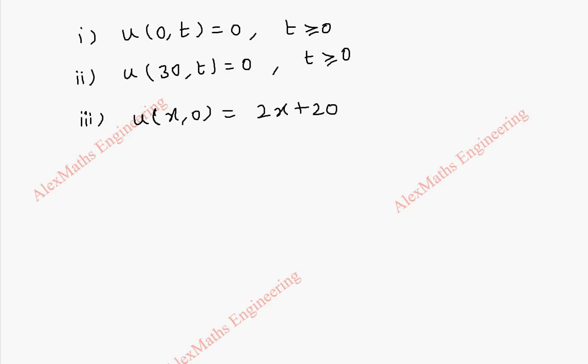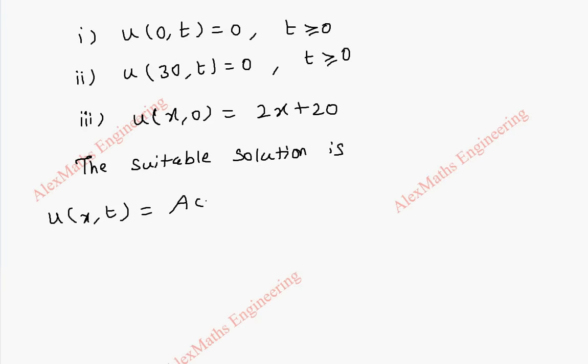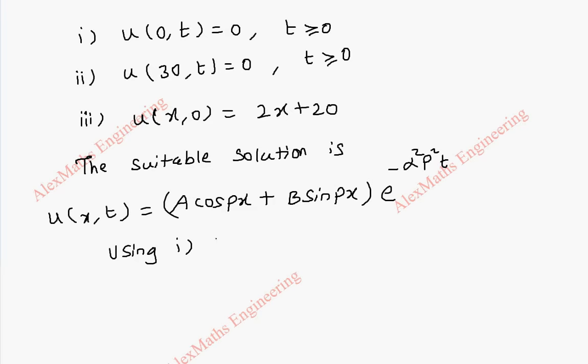Now I am going to take the suitable solution for our heat equation. So the suitable solution is u of x comma t is a cos px plus b sin px into e power minus alpha square p square t. Now I am going to use the first condition, that is u of 0 comma t is 0.